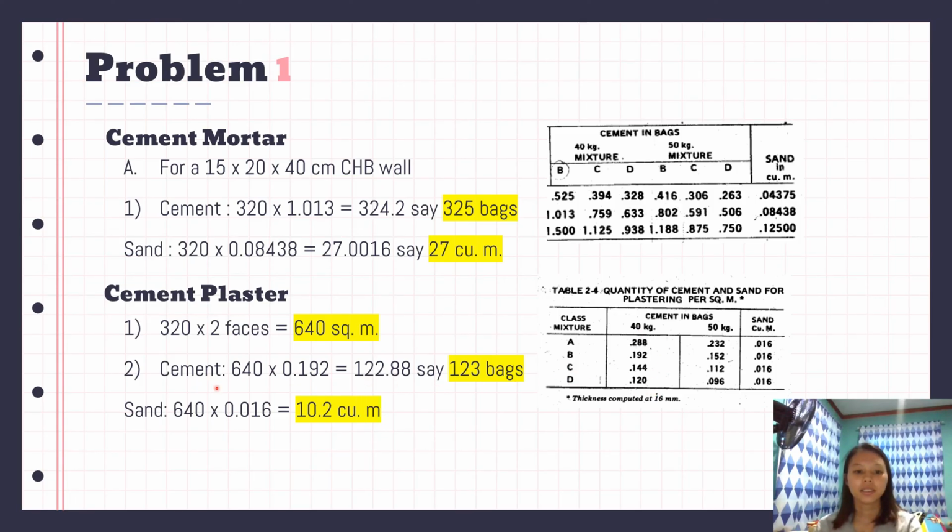So for cement, 640, the total area, times 0.192, which is equal to 123 bags. And for sand, it is 640 times 0.016, which is equal to 10.2 cubic meters.